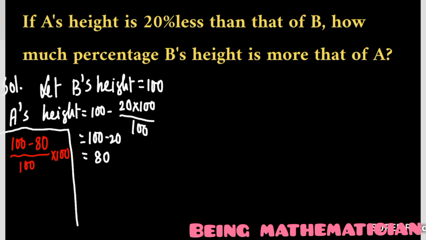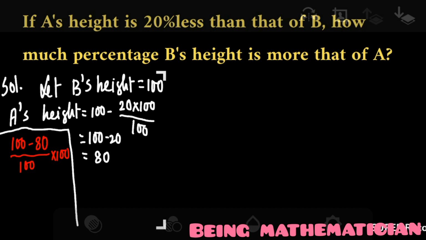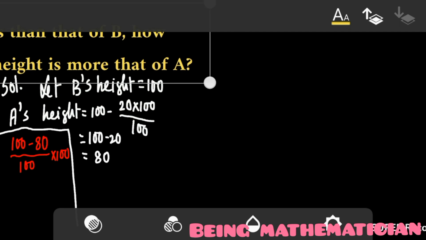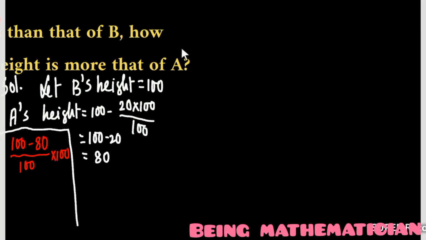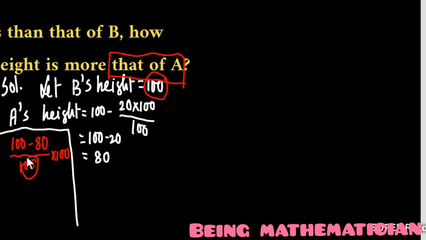So here this part is very important: that of A. That means you should not write B's height, that is 100, in the denominator.